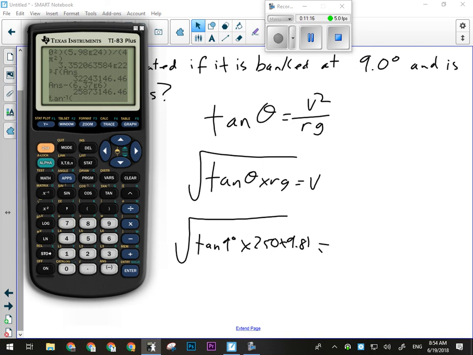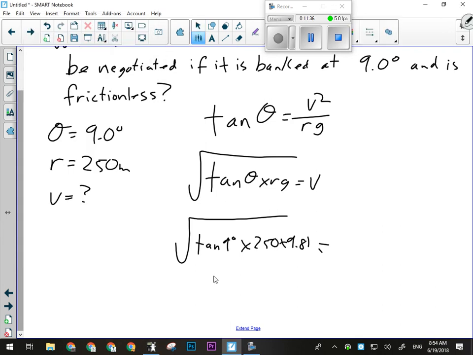Whoa, not second tan, it's tan. 9 degrees. All right, so we could take that corner at 20 meters per second because we only have two significant figures.